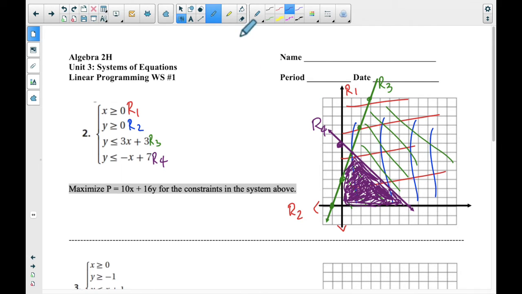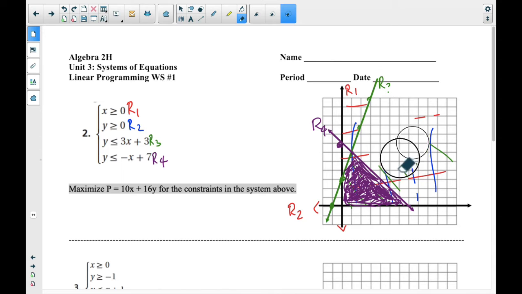In the other video, I also mentioned that you might need to erase some of this stuff so that it's clear that only this piece is the shaded area, okay? I don't think it's necessary to erase all that as long as you color it darkly, but the reader, that is me, when I look at your paper, I need to be able to see what the shaded area is.